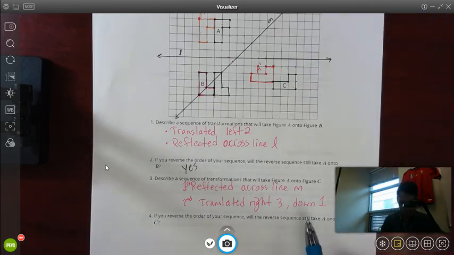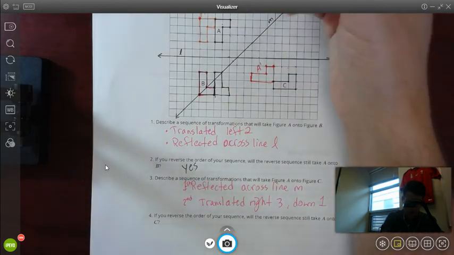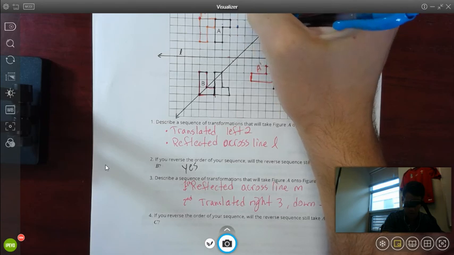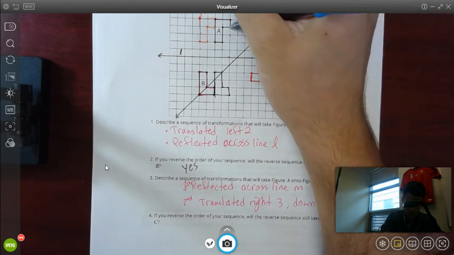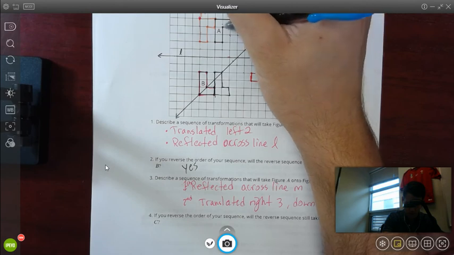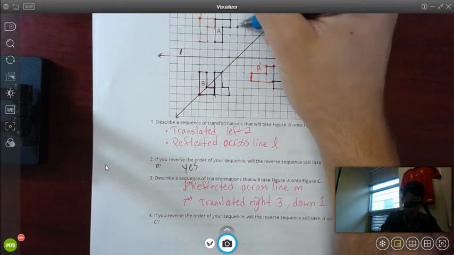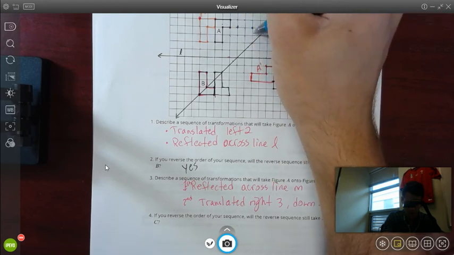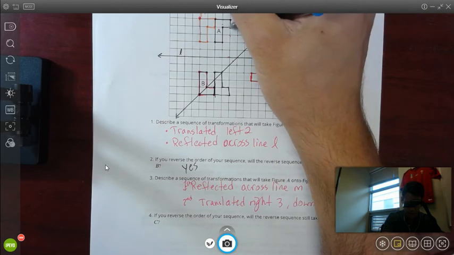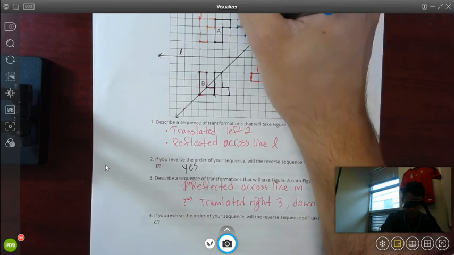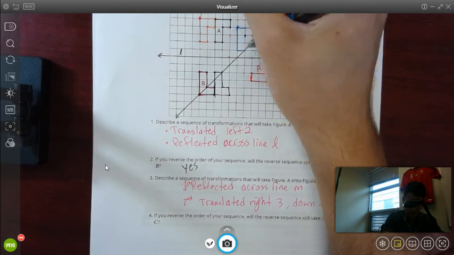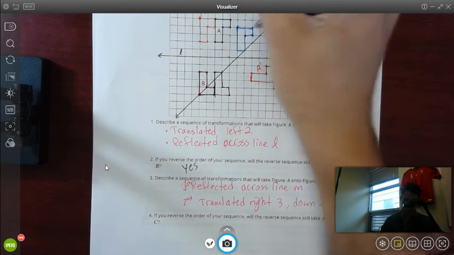So we need to do right 3 and down 1 first. 1, 2, 3, down 1. 1, 2, 3, down 1. 1, 2, 3, down 1. And so we can just draw out our shape from there. So we have our translated shape there.